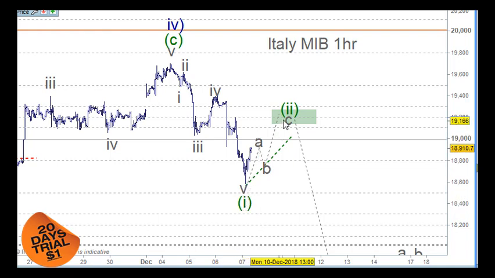So an A and a B and a C back into the box here, or it may not reach. It may reach the box, it may not. But traveling above the 19,000 here, not on the first leg, but on the third leg there, the C wave. So we'll have in here 1 and 2 and 3 and 4 and 5. There should be 5 waves in the A wave, 3 in the B and 5 in the C. Once the 19 becomes the retested resistance, then you also want to be short from that point there as well. And so on.